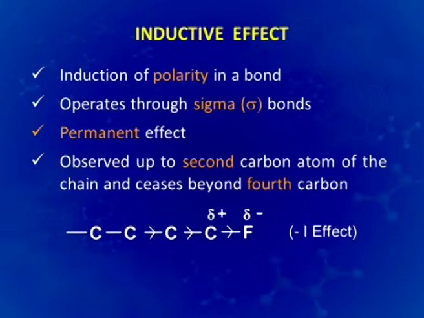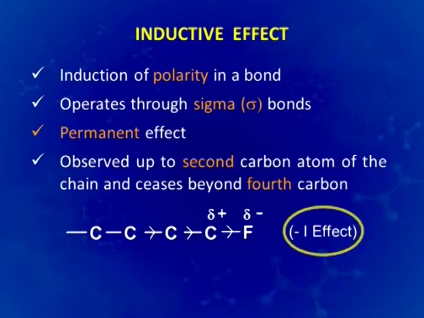But do remember that it is generally observed up to the second carbon atom very well. By the time it comes to the fourth carbon, the effect diminishes. It is quite obvious that in the vicinity of this atom, whichever group is there is the one which is most affected. In this case, we call it the minus I effect.